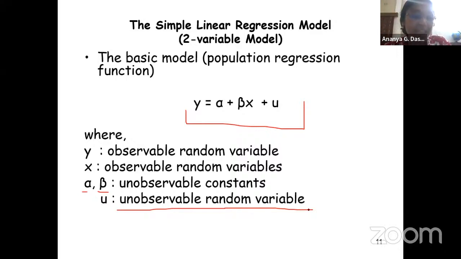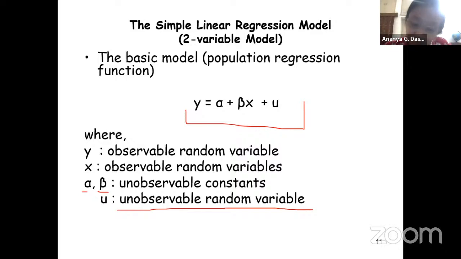Okay, so the errors or U is an unobservable random variable, which essentially tells you that even when you have fixed your X, even when X is the same, Y can actually take different values. Okay, different values for reasons which may not always be something that you can observe.